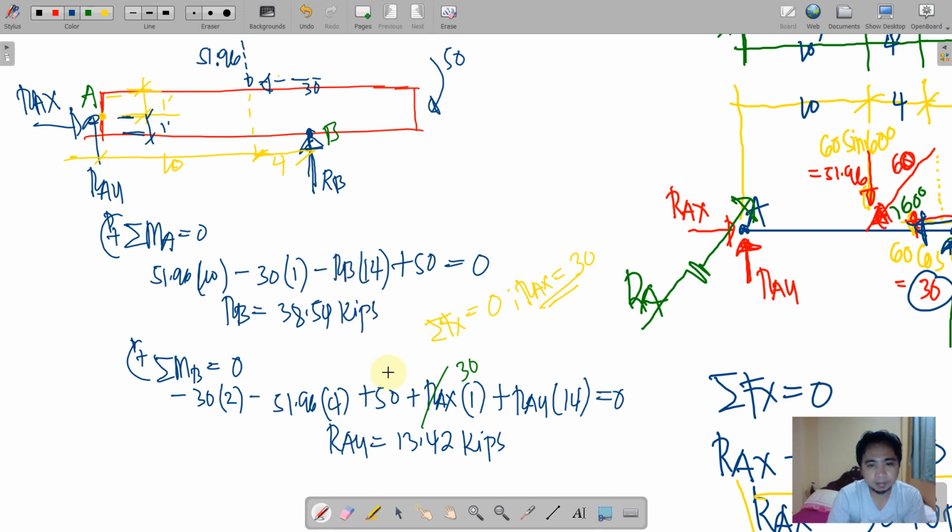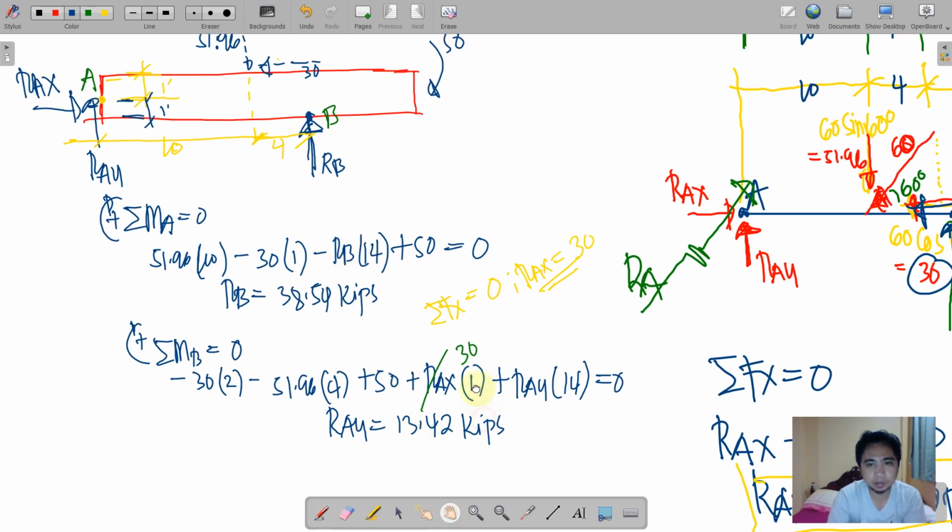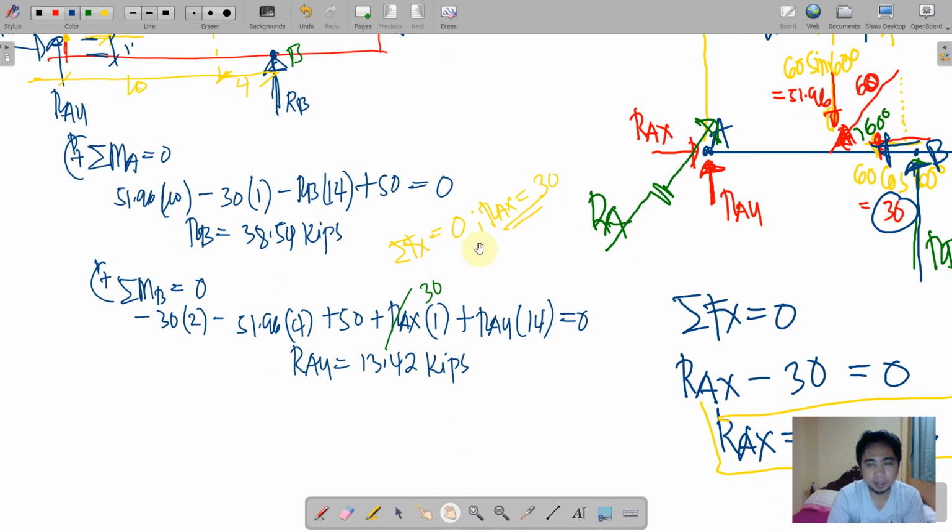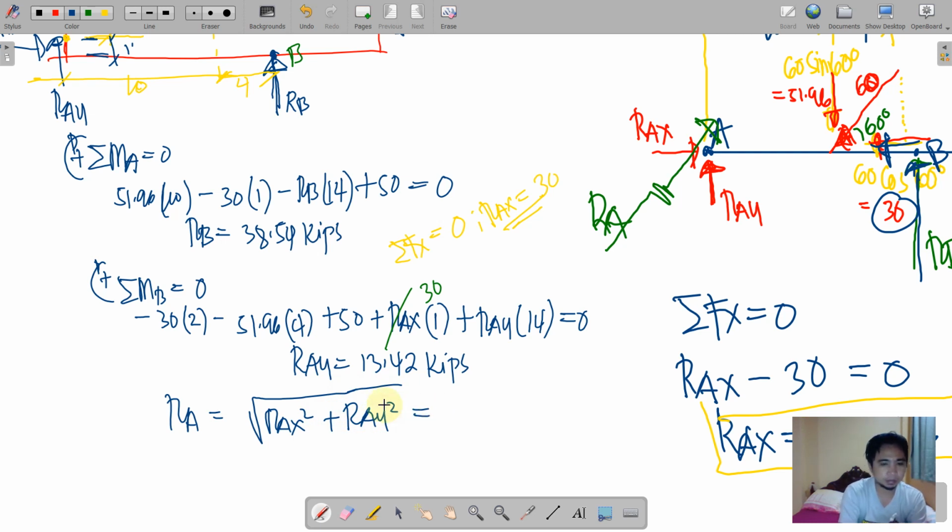What else do we need? So, lahat na nandyan na, RB, RAX, and RAY. So, ang gagawin lang natin dito, RA is equal to square root of RAX squared plus RAY squared. So, diretso na natin, ano?